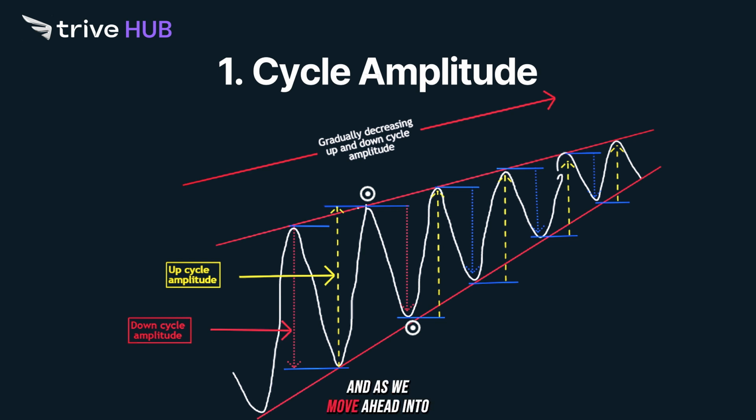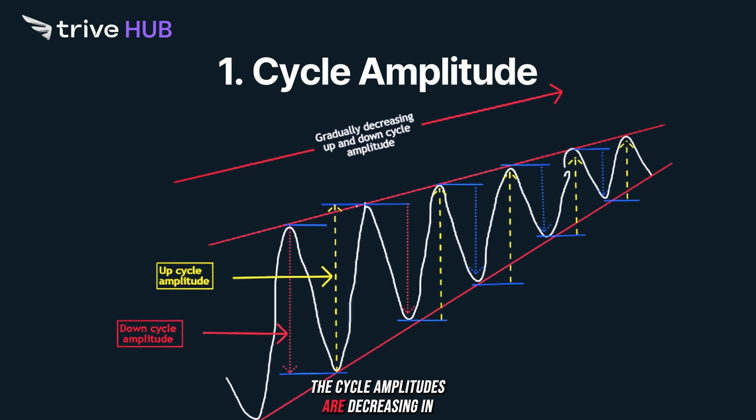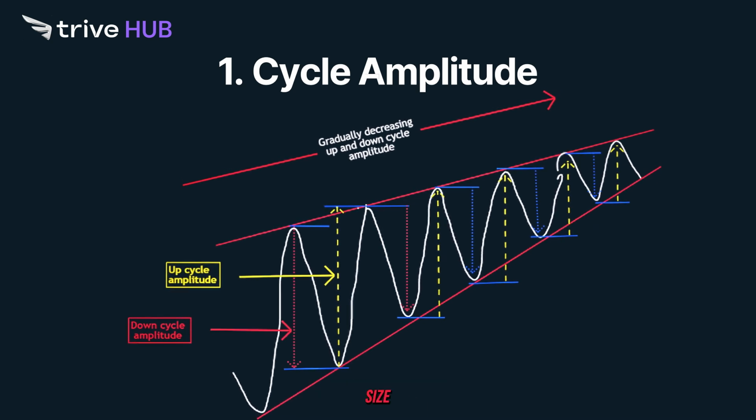As we move ahead into the trend, the cycle amplitudes are decreasing in size for the up cycle and the down cycle also. So each and every new cycle is forming smaller and smaller amplitudes.